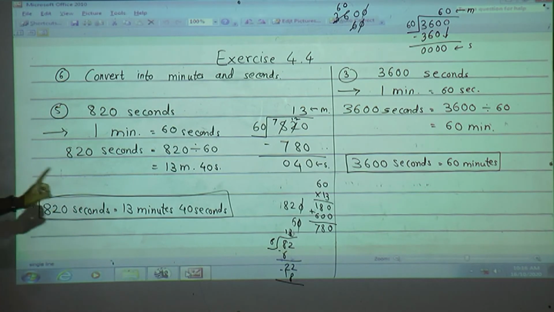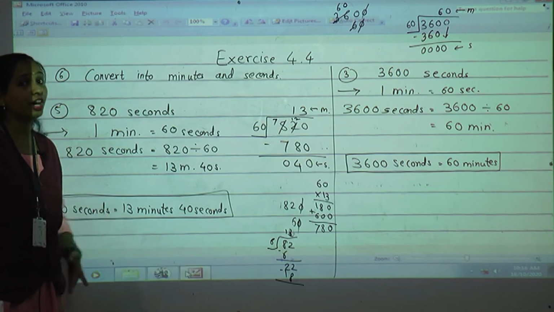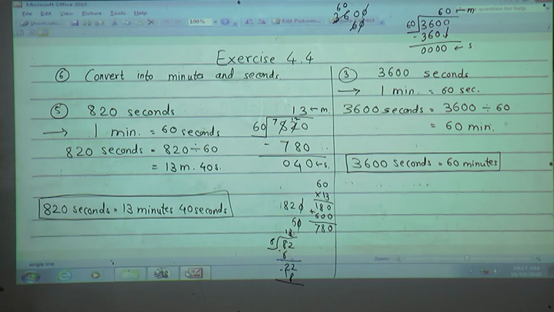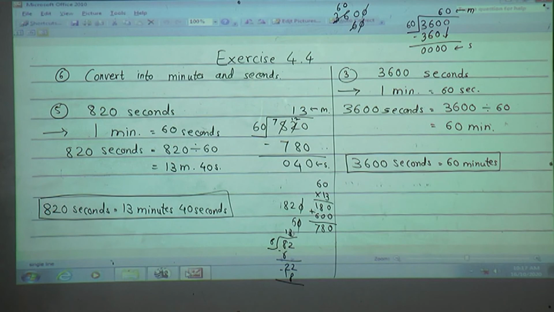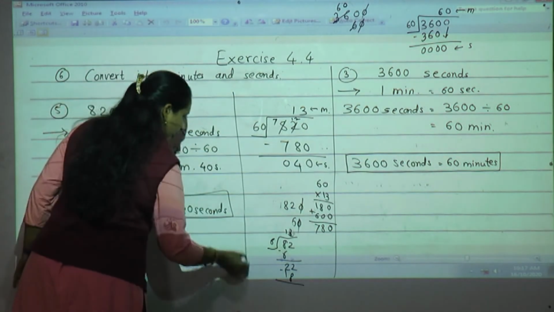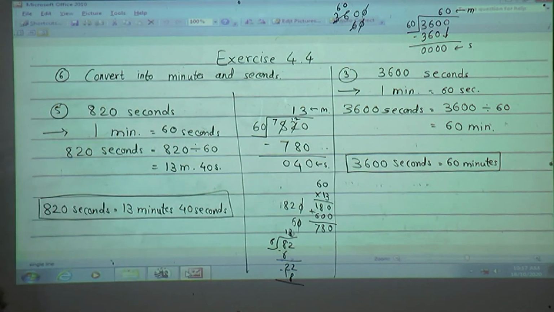See, this is very important, minutes and seconds. What you have done exactly, how you have converted. Rough work is also very important, students. So rough work you have to do with pencil, not with pen. And you can draw one line here. Clear?